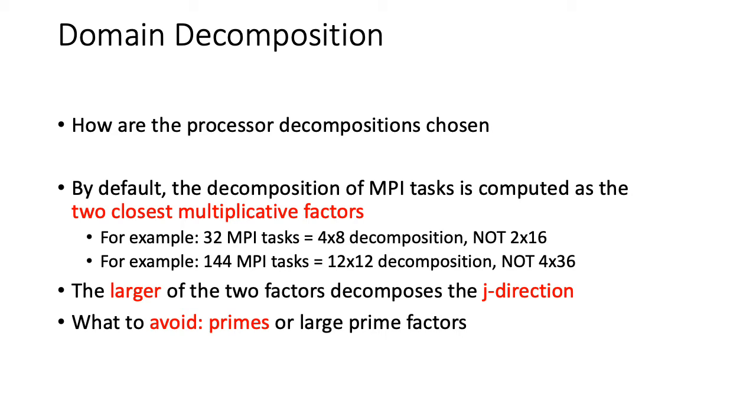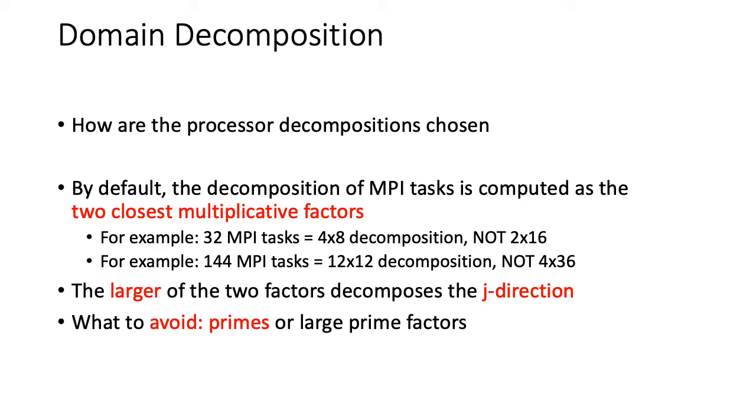By default, when you ask for n processors, the 2 closest multiplicative factors for n are chosen as the decomposition. So for example, for 32 processors, it's a 4 by 8 decomposition. It's not 1 by 16 or 1 by 32 or 2 by 16.